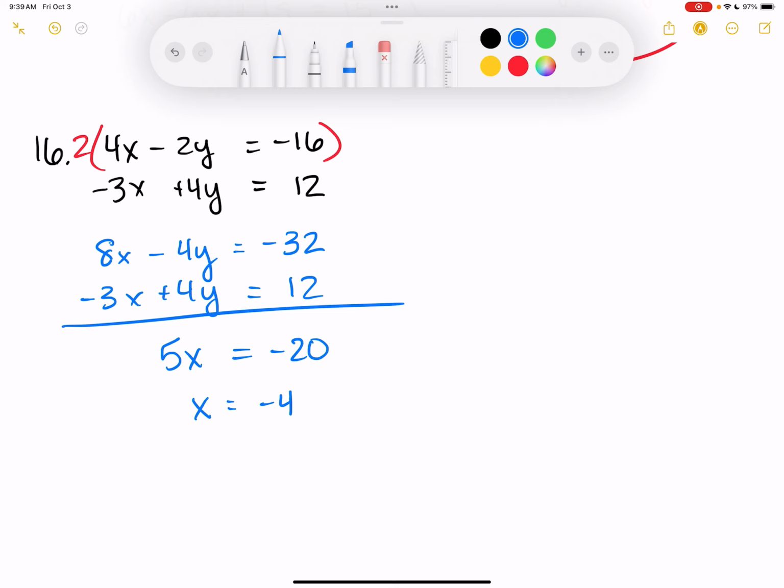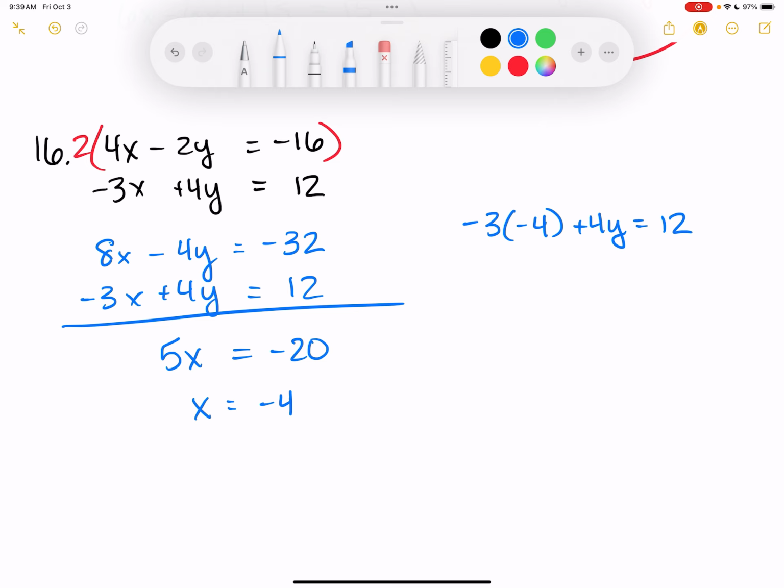You can choose either equation to plug it into. Again, I would use the original equation. Not that I can't use the modified equation, but the numbers are obviously going to be a lot bigger. So do y'all want to use the top equation or the bottom one? The bottom one? Okay. So we'll do -3 times -4 plus 4 times y equals 12.